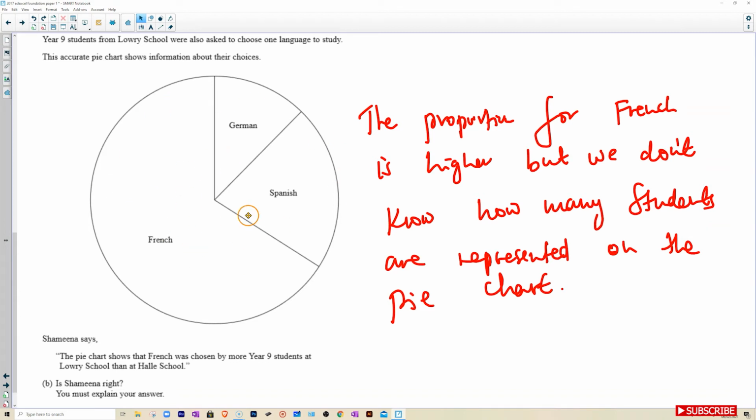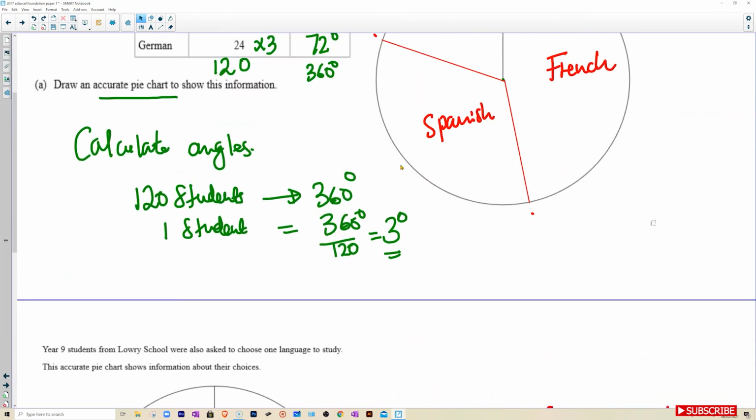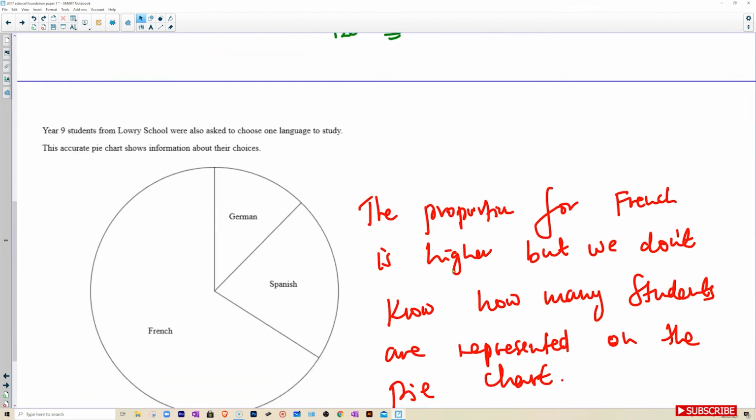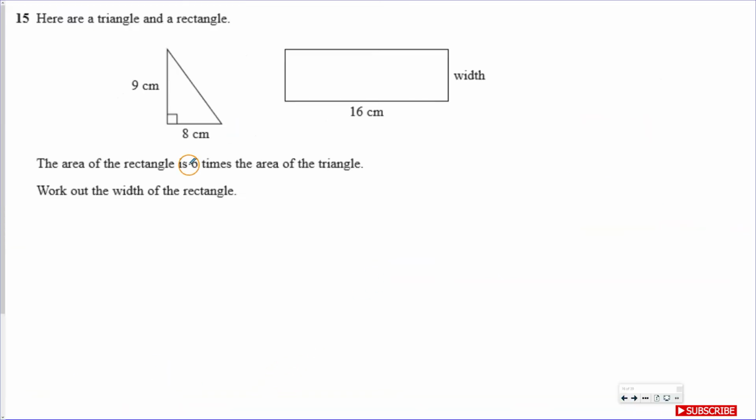There could just be 10 students on this pie chart, whereas the other pie chart, there were 120 students, and we can see we had 56 taking French. Now, if this pie chart is only representing maybe 12 students, then this argument is definitely wrong. So Shamina is wrong.